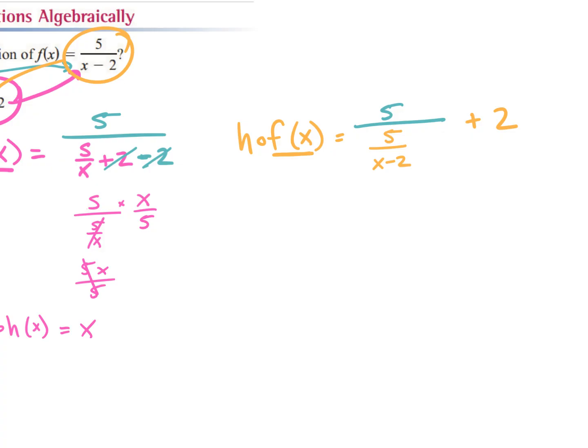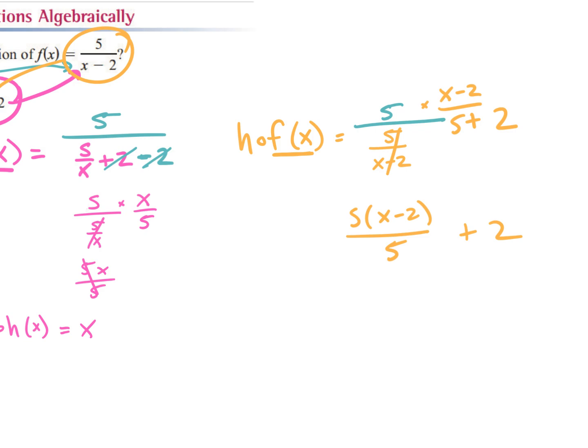So let's do some simplifying here. What should we do to simplify first? Keep, change, flip. Let's simplify our fraction in the fraction that we have. So we're going to keep the top, change to multiplication. We'll flip the bottom to x minus 2 over 5. So this would be 5 times x minus 2 over 5 plus 2.